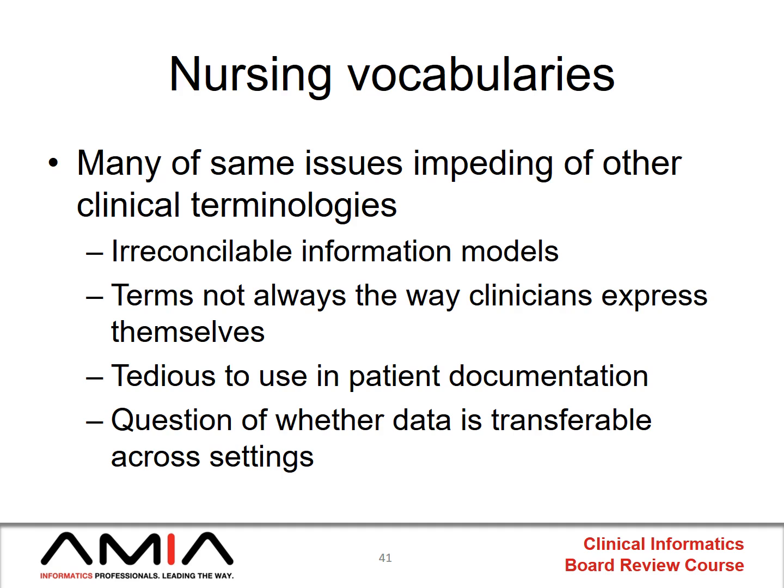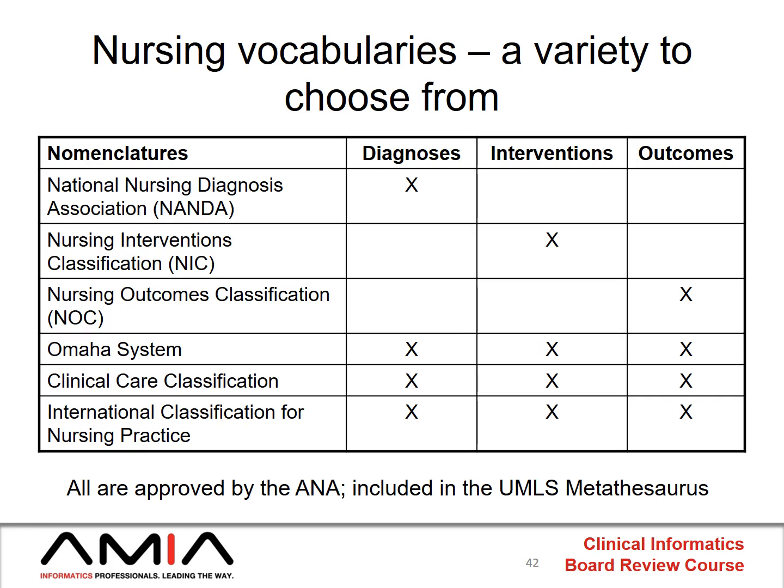They can be tedious to use in patient documentation, and then there's always a question of whether data is transferable across different settings. This slide shows the major nursing vocabularies and whether they contain terms for diagnosis, intervention, and/or outcomes. All of these vocabularies are included in the UMLS Metathesaurus.